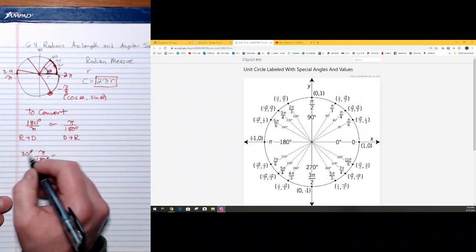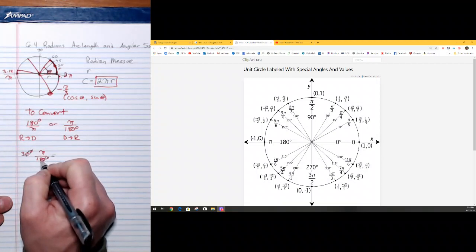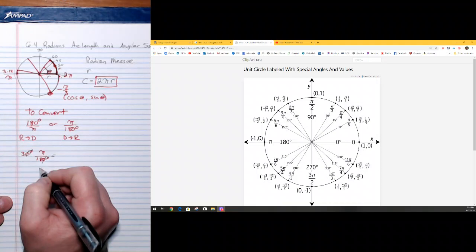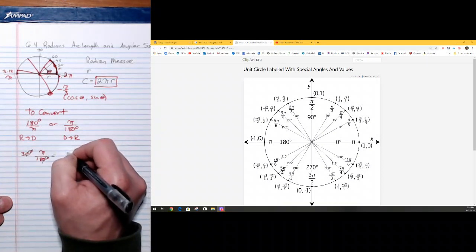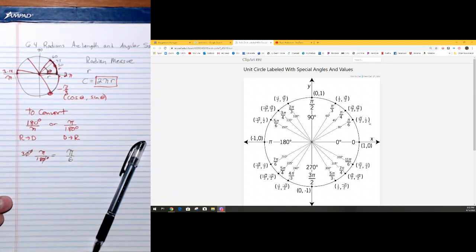Now generally we just reduce our fractions. We're going to get 3 over 18. 3 goes into 18 6 times. So that's going to be pi over 6. And this matches what we have in our diagram over here. We have 30 degrees is equal to pi over 6 radians.